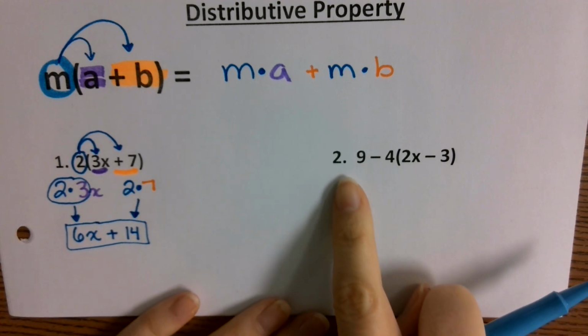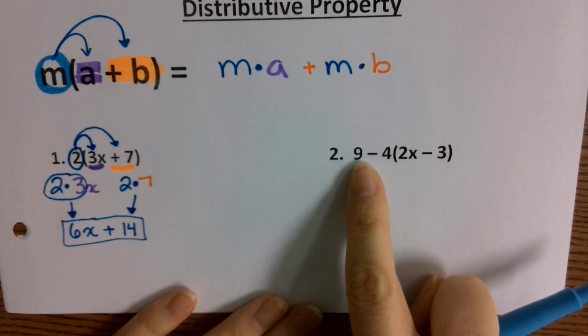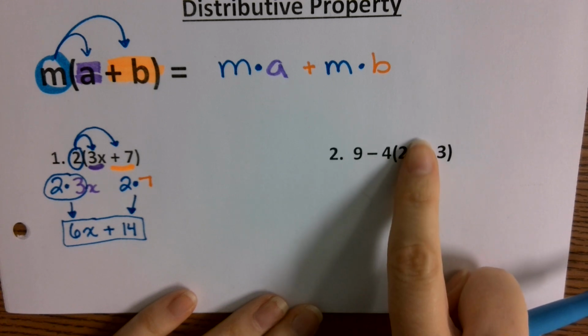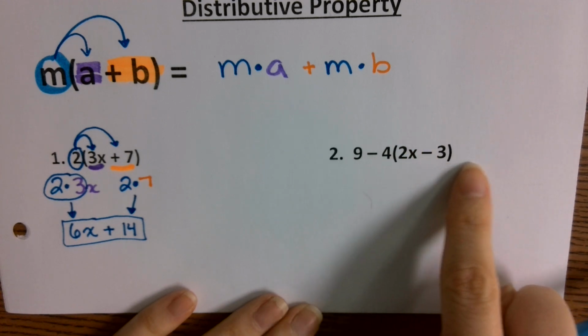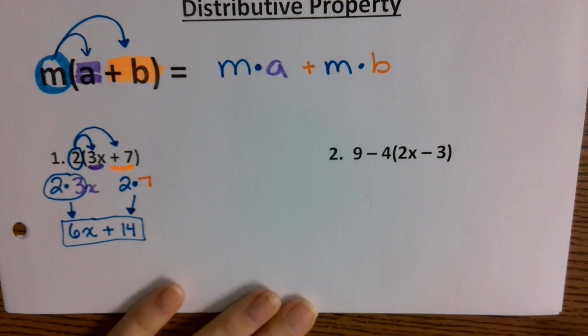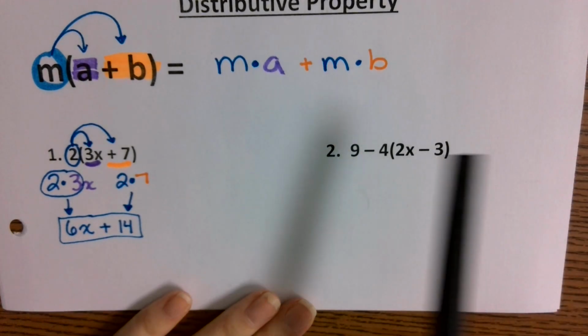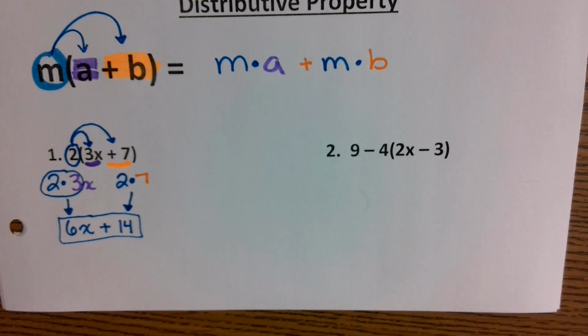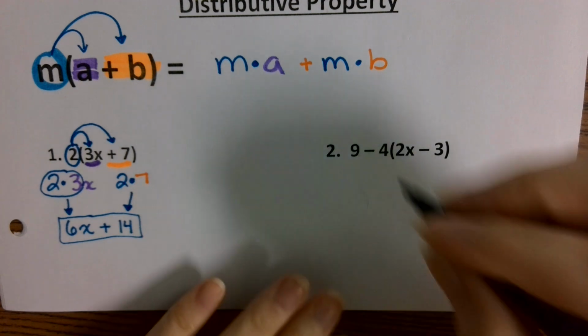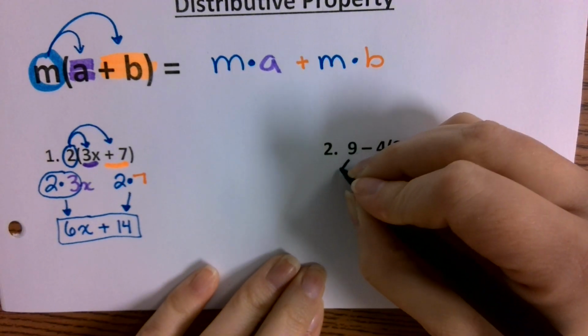For problem number 2, I have 9 minus 4, and then parentheses 2x minus 3. So the 9 is not a part of my distributive property. It's on the outside of the parentheses, and it's not connected to it. So it's just going to stay a 9.